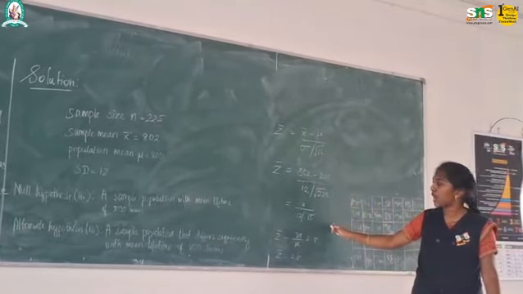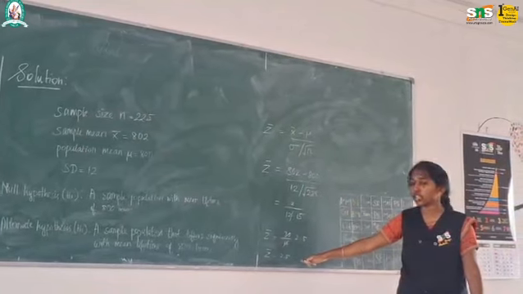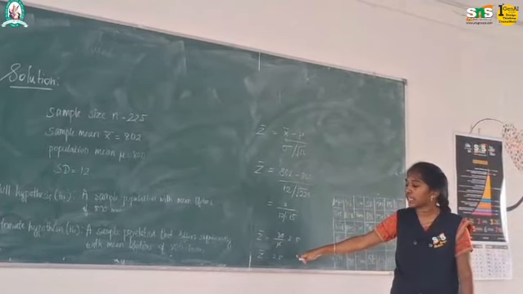By simplifying this, I get the answer for the Z value. So the Z value will be 2.5.